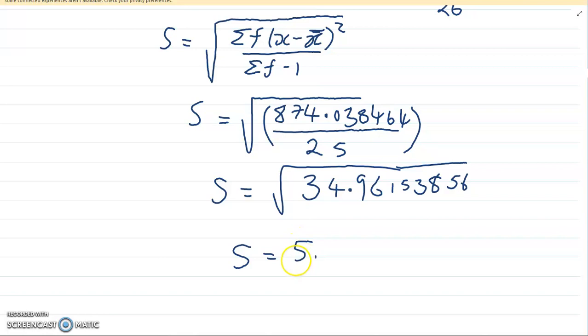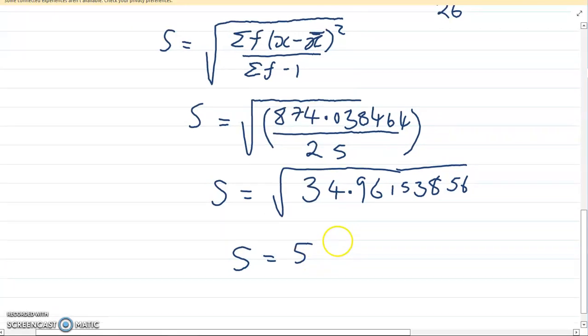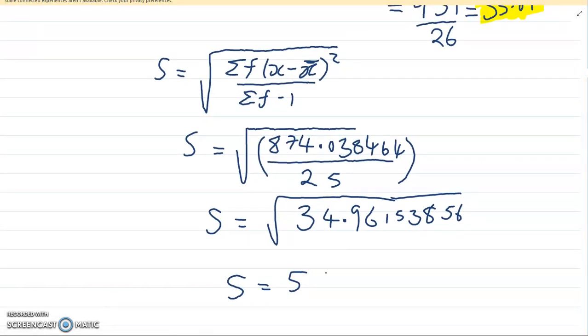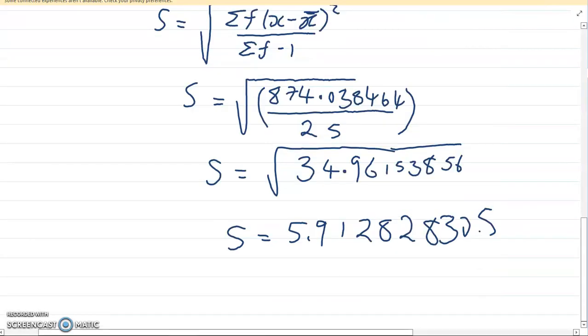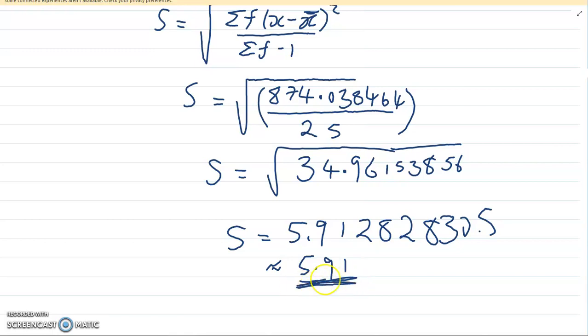Which is 5.912828305. Okay, which is approximately 5.91. So that is our standard deviation, right?